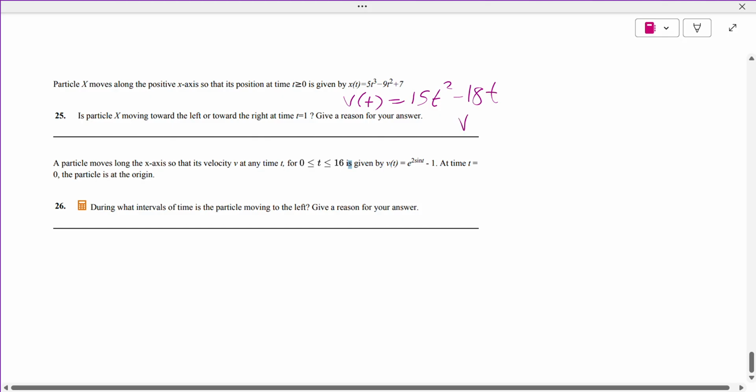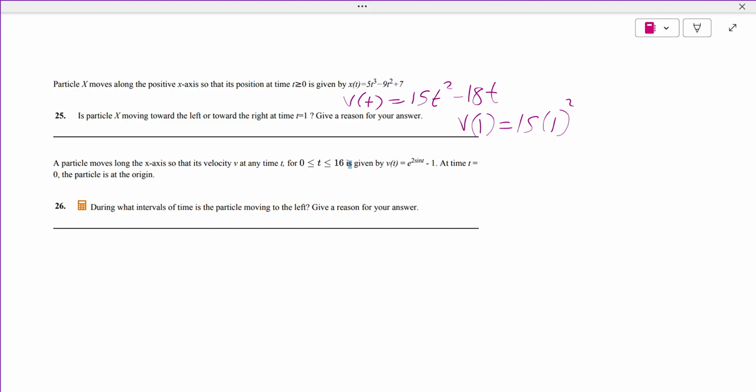And then let's find v of 1. 15 times 1 squared minus 18 times 1, which is negative what? 3. So the answer will be toward the left.